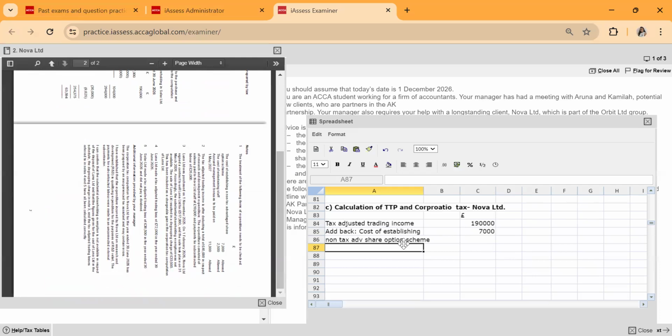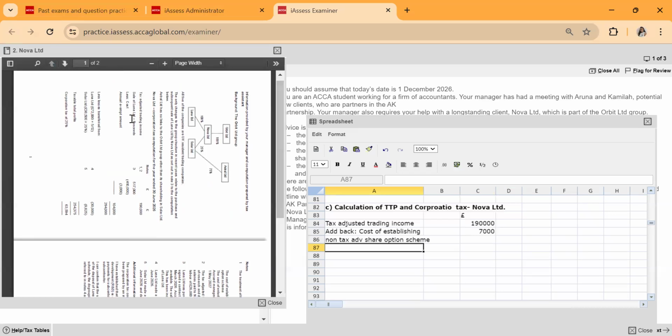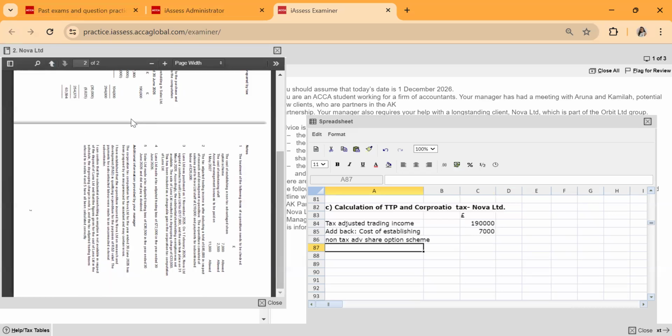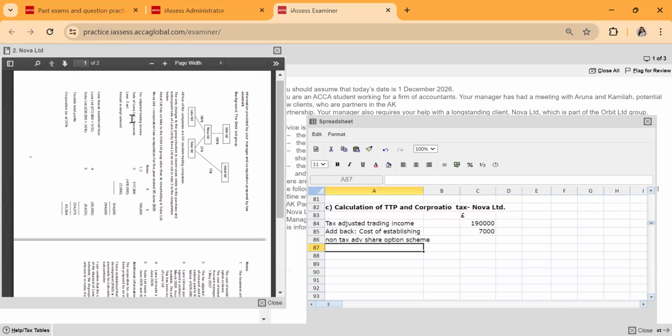So I will write here accrued. I'm sorry. How to rotate it? Just 1 minute, how it got rotated.